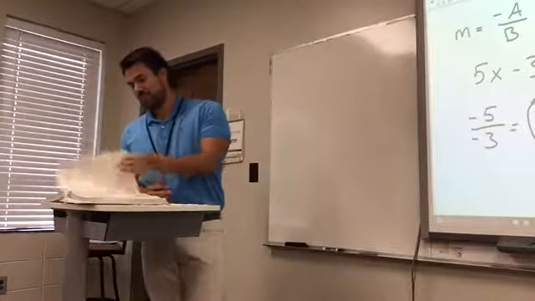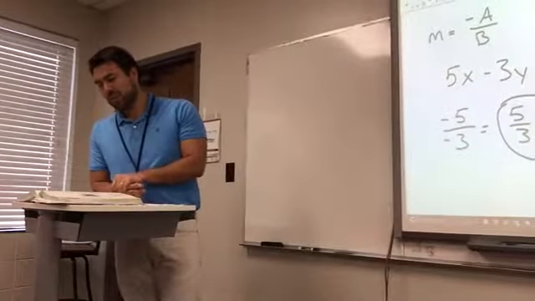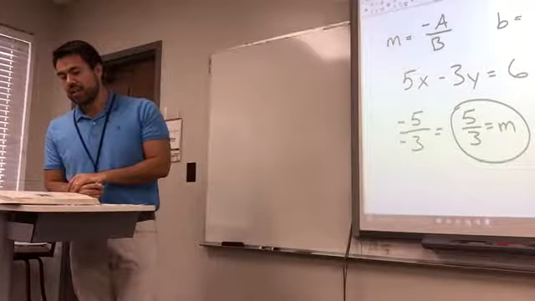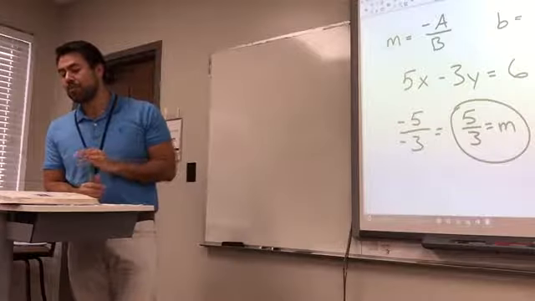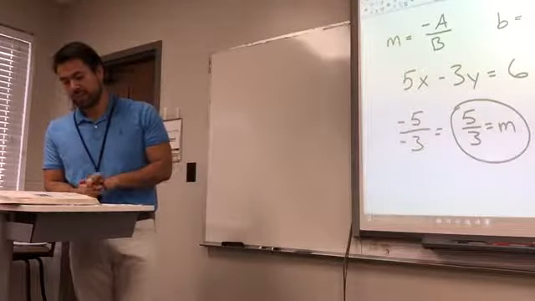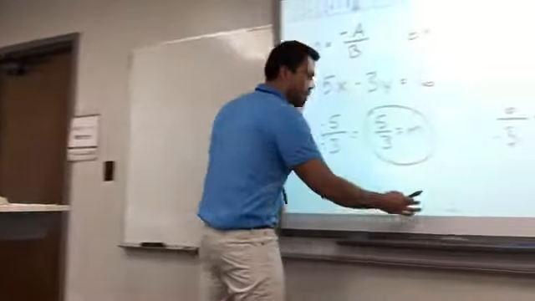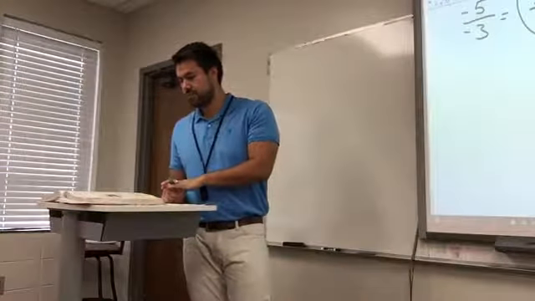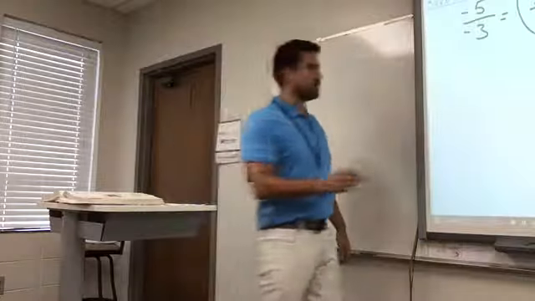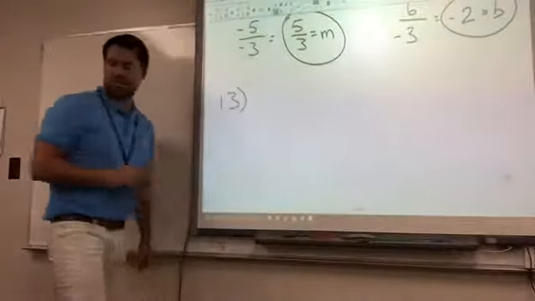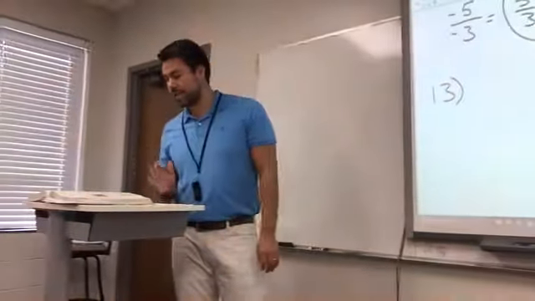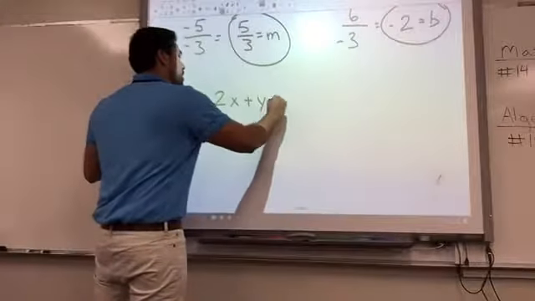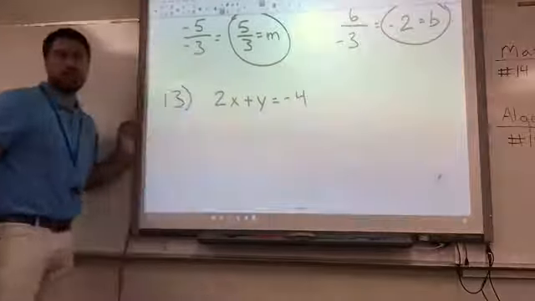Okay. Let's see if you really get how to do this. On page 350, number 13, I want you to find the slope and y-intercept. 2x plus y equals negative 4.